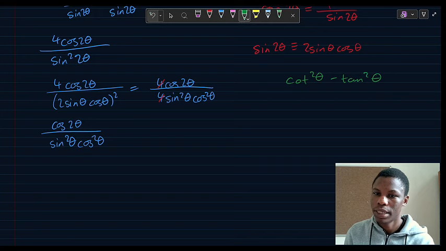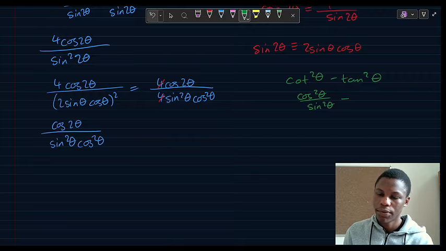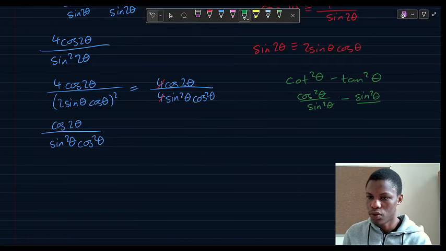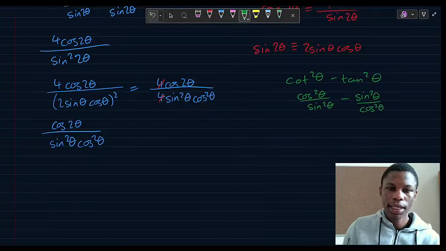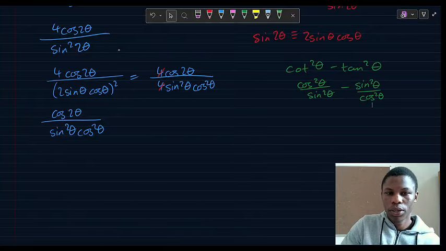This can be written as cos squared theta over sine squared theta, minus tan squared, that's going to be sine squared theta over cos squared theta. So I know that I'm aiming towards something of this form.